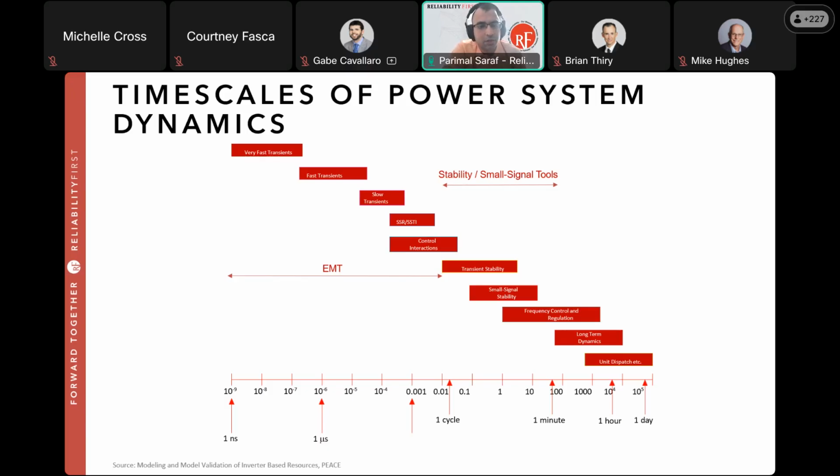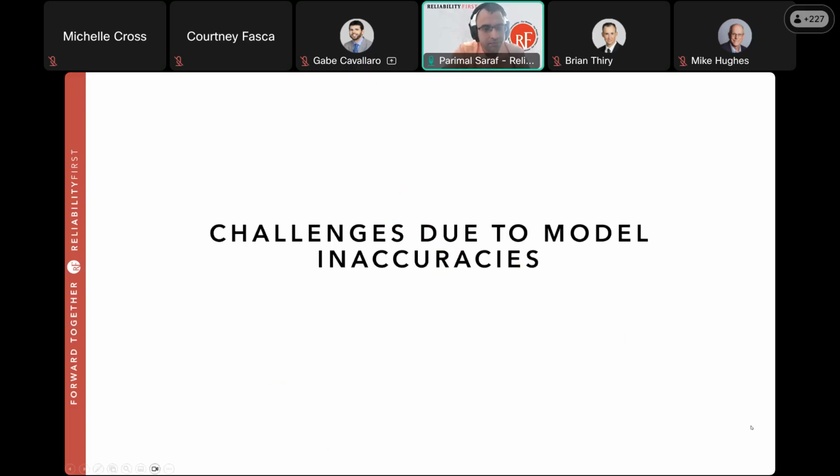Whereas stability and small signal tools such as PSSE and PSLF, which fall under the category of positive sequence phasor domain tools, are tools that are used for bulk electric studies, for typical transient stability, small signal stability, and frequency stability studies. So this slide is just a brief representation of the time scale of dynamic phenomena. Next slide, please.